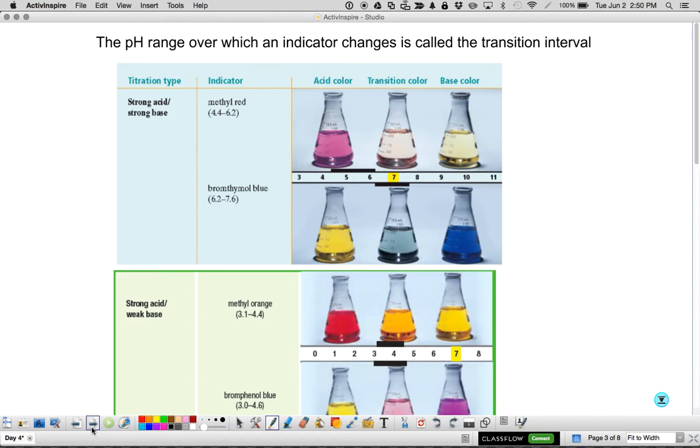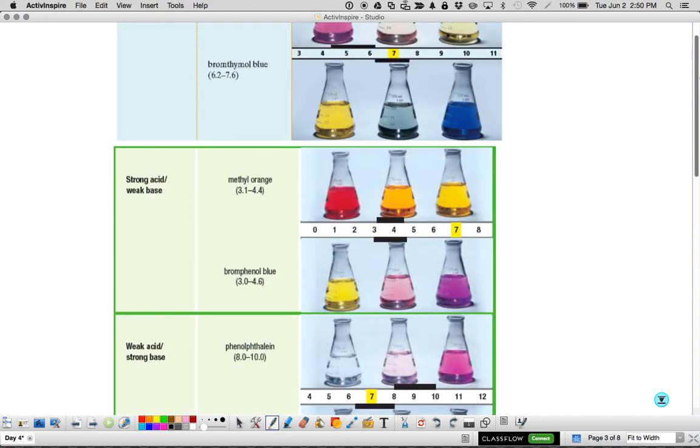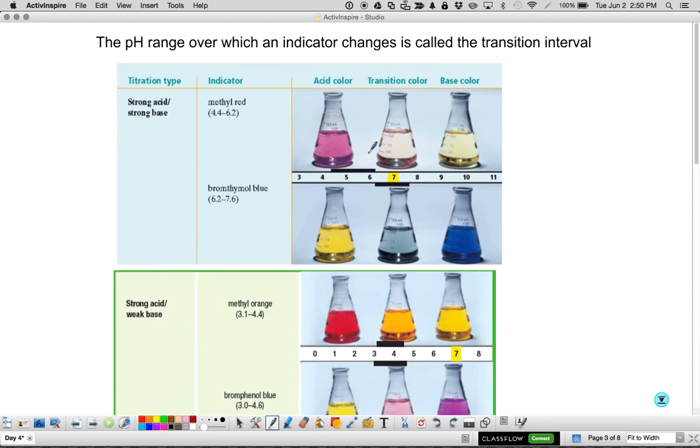So in the acid, it's pink, and in the base, it's kind of like a light yellow, kind of colorless idea. The one that we use a lot is phenolphthalein, which is colorless in acid solutions, and pink, fuchsia, in base solutions. Okay, so what you want to try to do is match up the correct indicator to your titration, which I'll talk about in a moment.